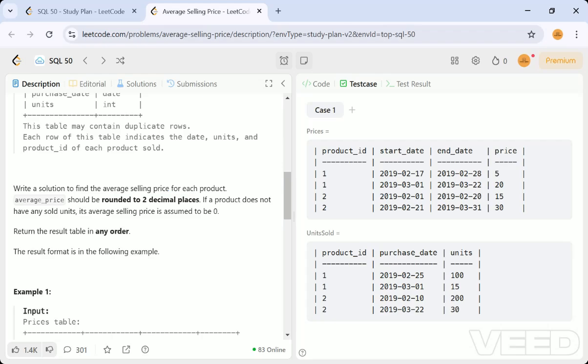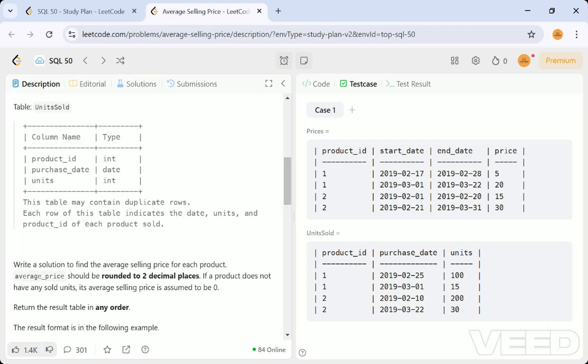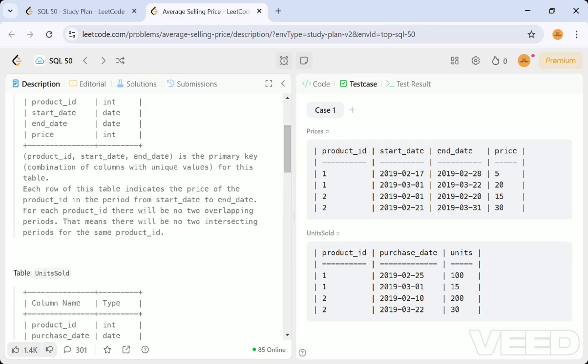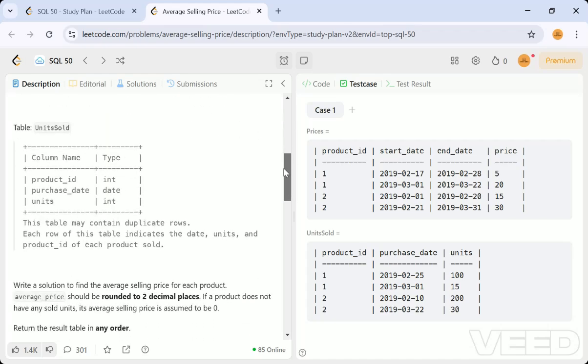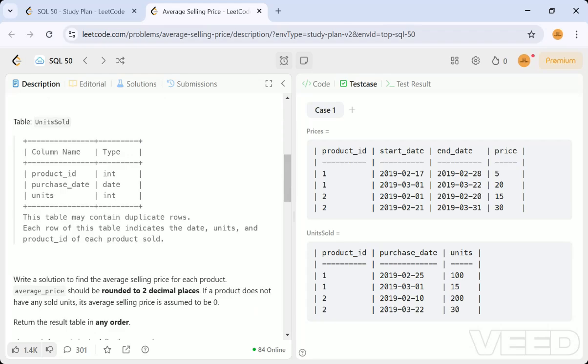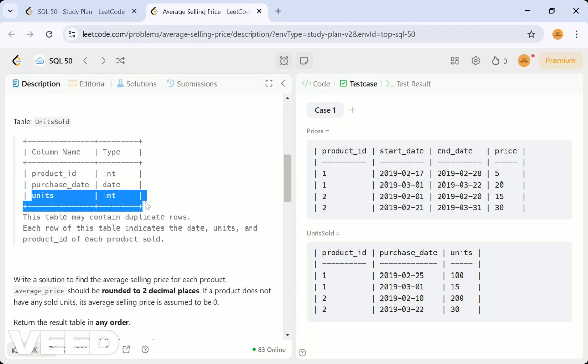They are asking for the selling price of each product. Each product has some price in the Prices table, and we also have to see how many units were purchased.